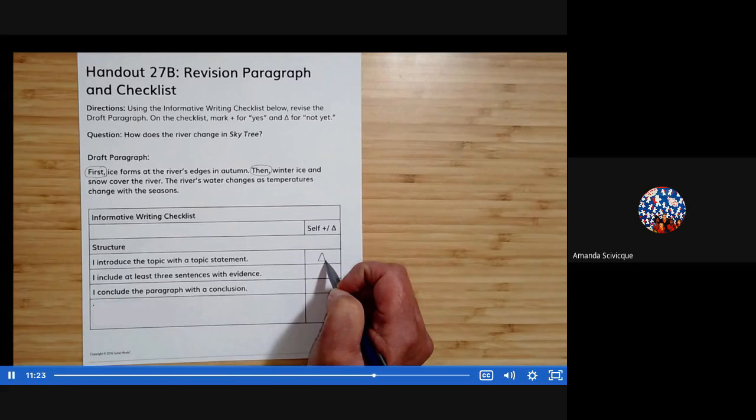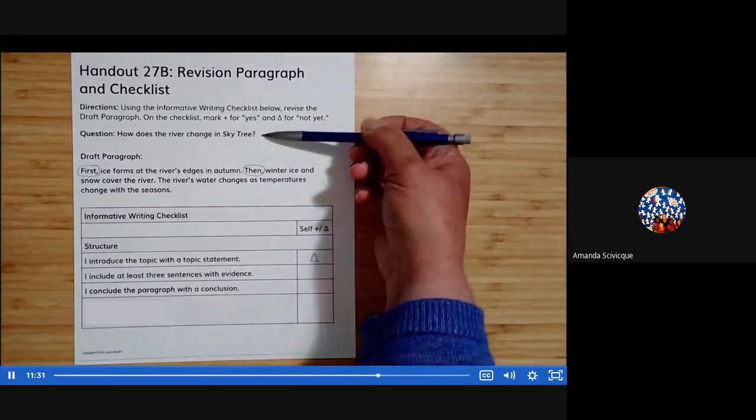Now, let's think about how we would add a topic statement and what that topic statement would say. Whenever I'm writing a topic statement that is going to be used at the beginning of a paragraph to answer a question, it's really important to go back to that question, probably even more than once or twice. The question was, how does the river change in Skytree?